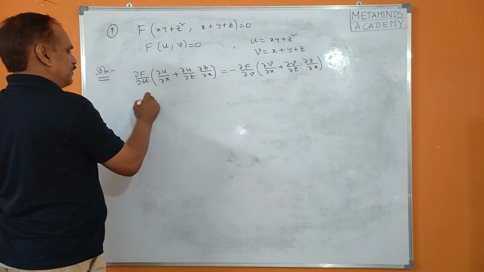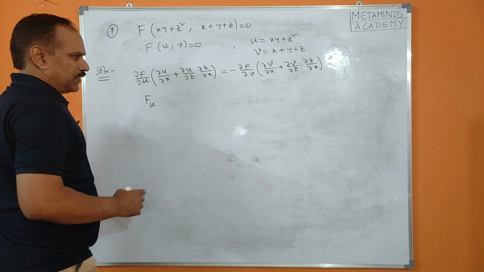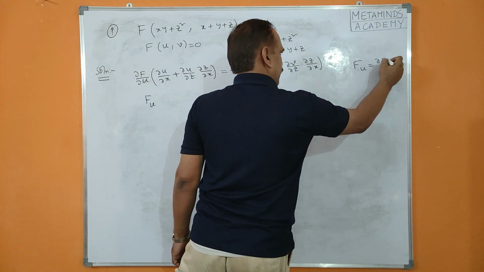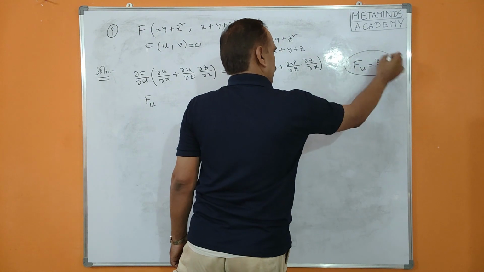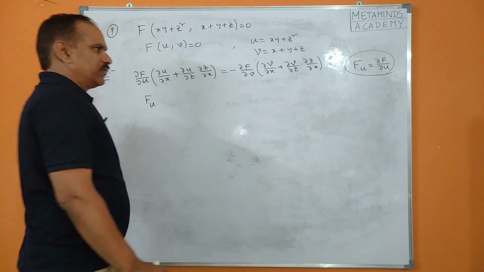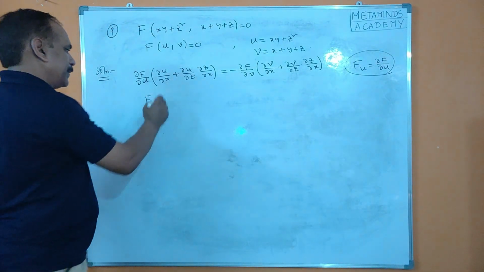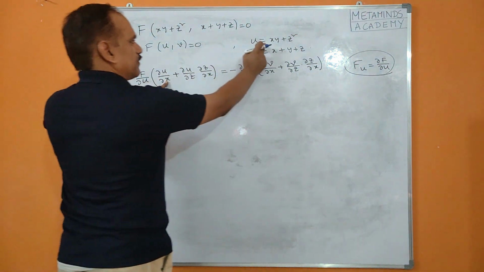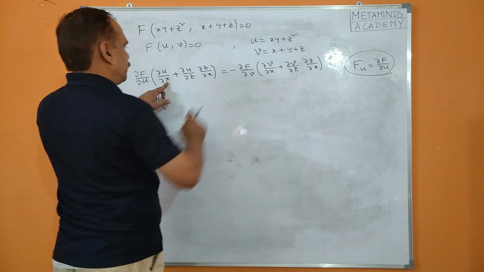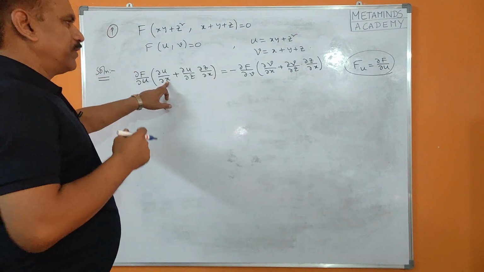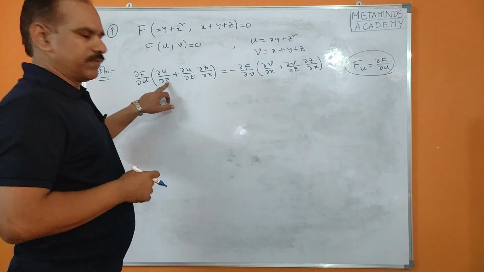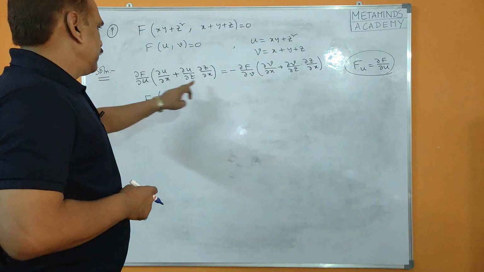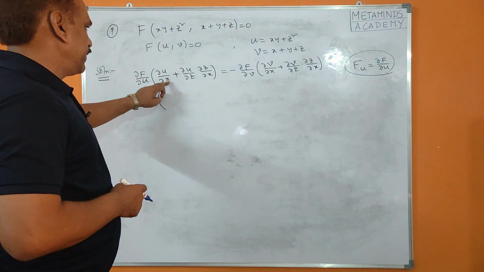So you can also write f suffix u. What is f suffix u? It is dou f by dou u simply. F suffix v is dou f by dou v. U x means differentiate u with respect to x. Here what you have to remember, I already told you in the previous problem, is that we are differentiating u purely with respect to x.